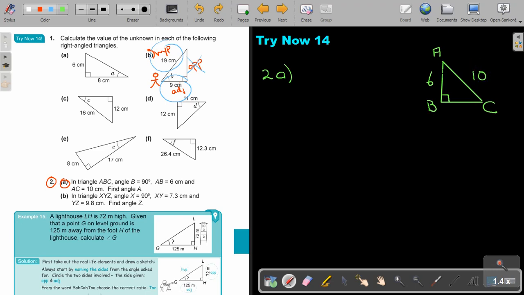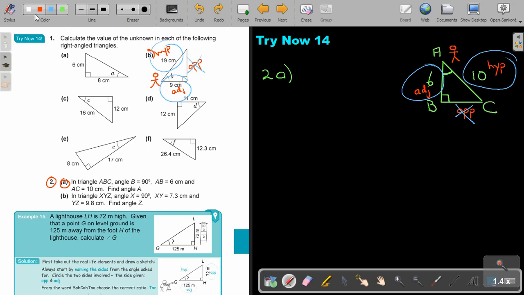Find angle A. Okay, now first name your sides. You're standing there. So this is your opposite, this is your hypotenuse, and this is your adjacent. Now, which two are given? Which one is out?